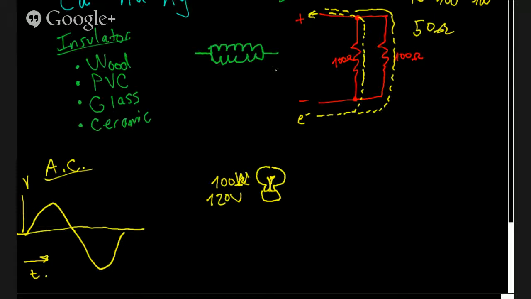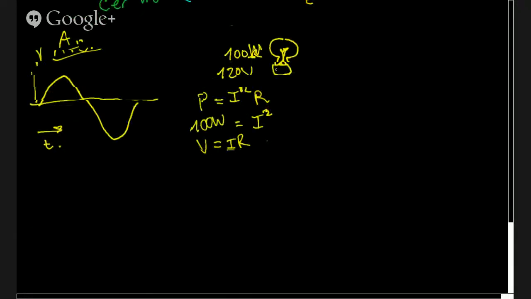We know that P equals I squared R, and we've got 100 watts here. We need to find out the current, so I squared times our resistance. We need to find out our resistance, and we know that V equals IR.